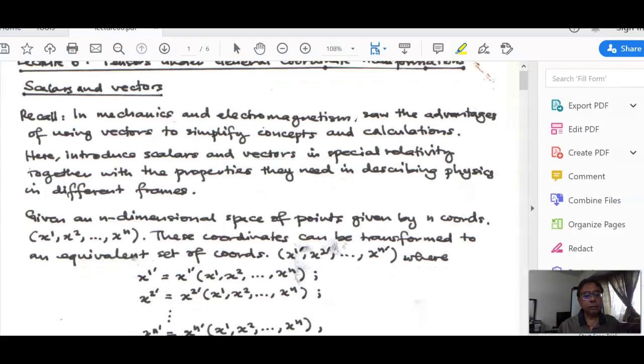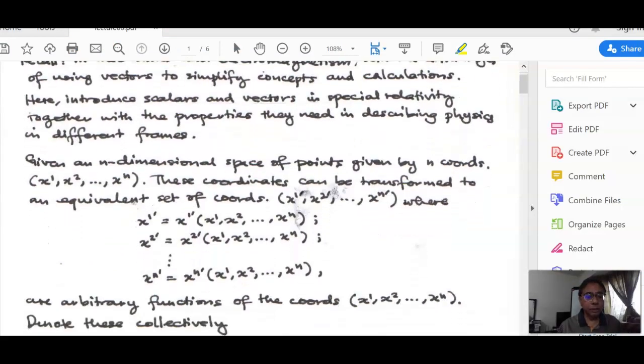So we begin by looking at a general n-dimensional space, for which a point in that n-dimensional space will be given by n coordinates. One can set up a coordinate system labeled by x1 until xn. Or one can adopt a different coordinate system and label the coordinates differently, in this case labeled by x1 dash until xn dash.